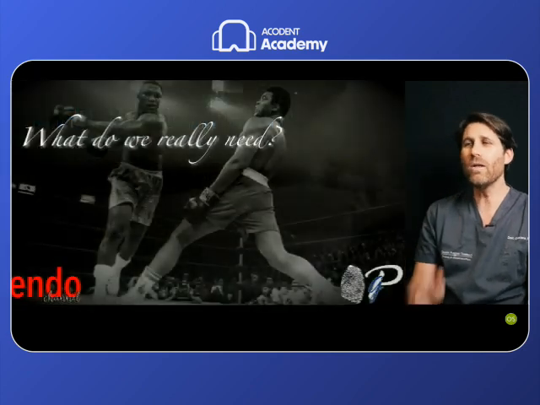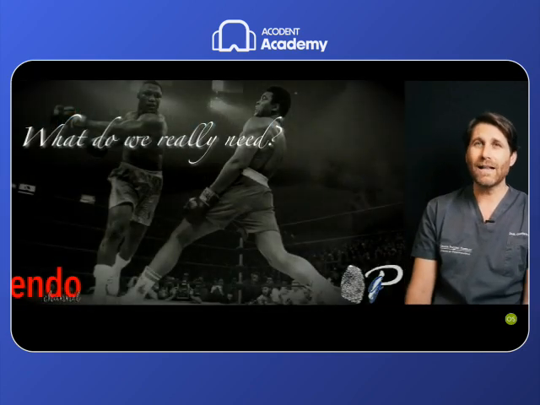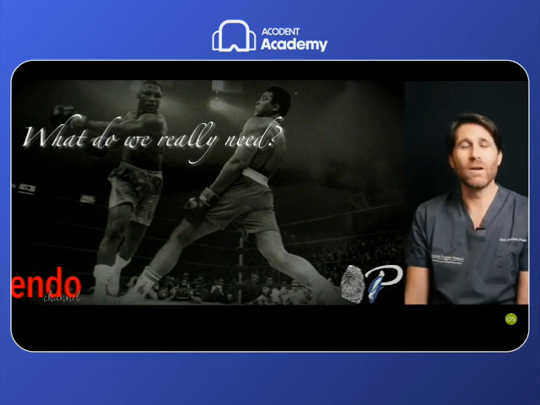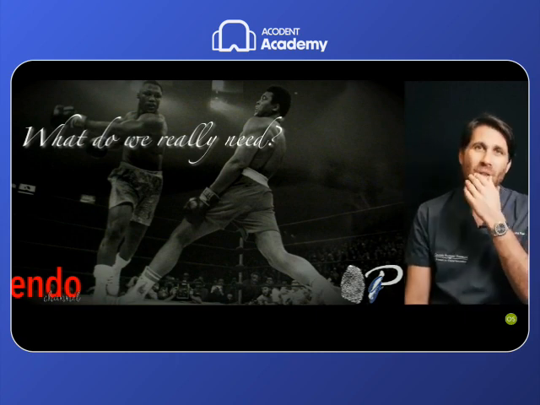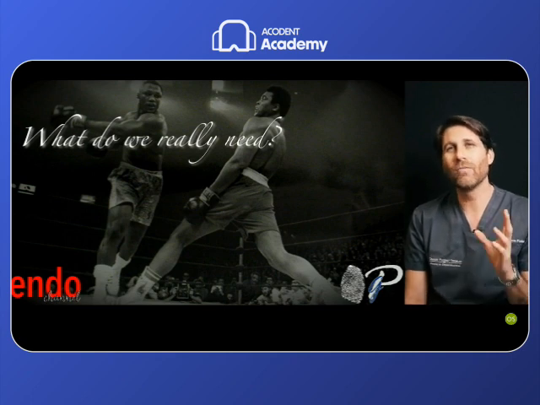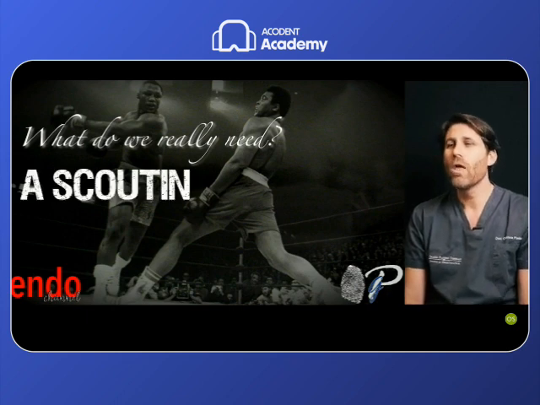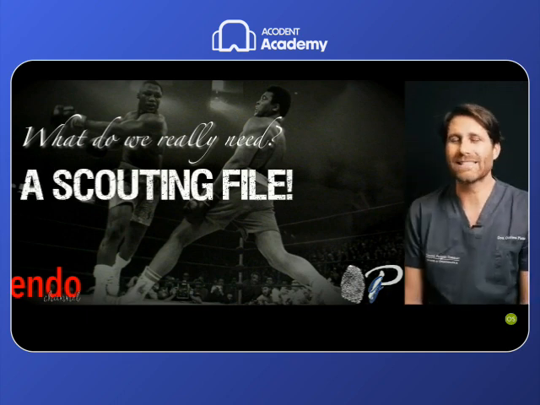So what do we really need in this case and in these canals? I don't want to perform this part of the treatment with this manual technique. I don't like it very much because it's very difficult and it can create iatrogenic problems. So we need in this moment a scouting file.